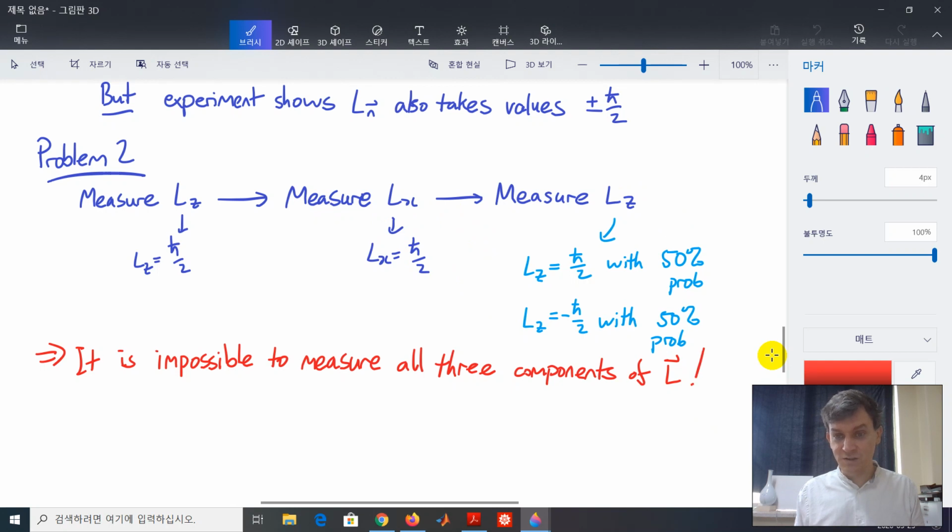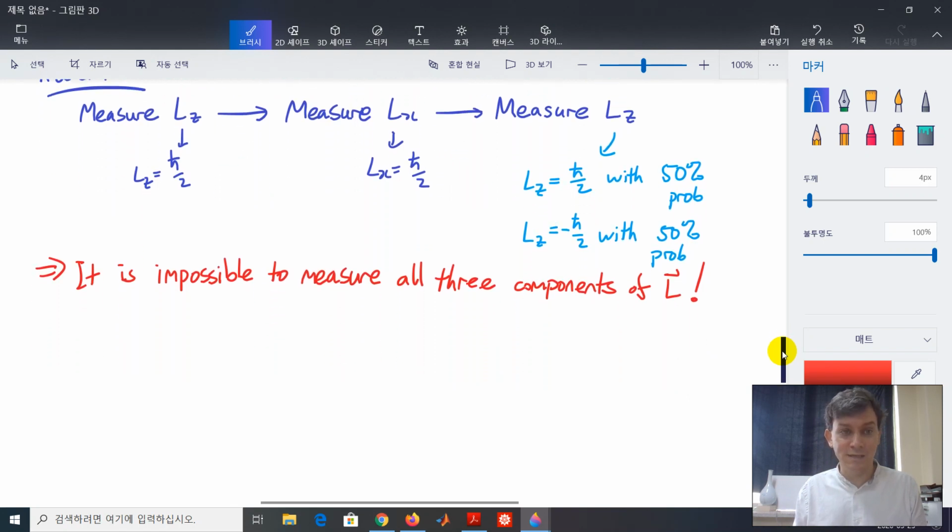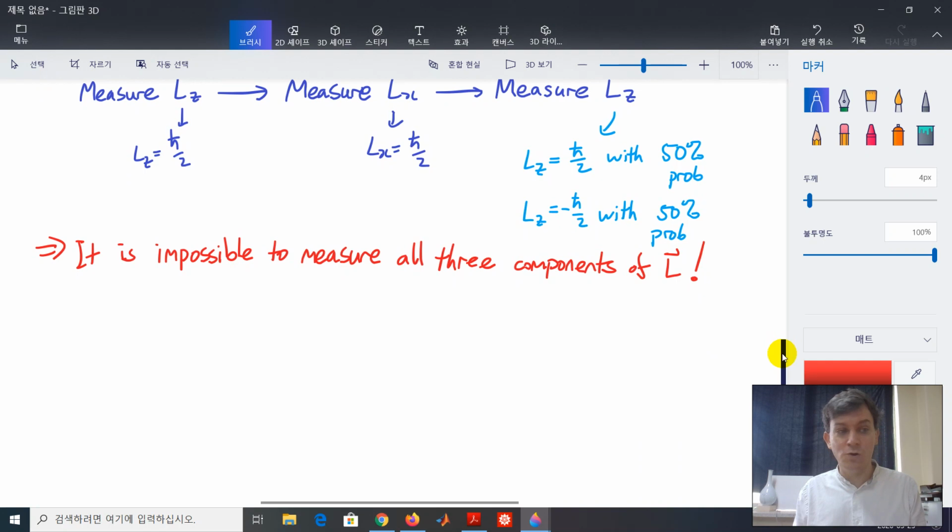So for this reason, it's not really right, or in fact it's not right, to think of angular momentum as just being a vector quantity in quantum mechanics. So instead, how can we think of angular momentum?